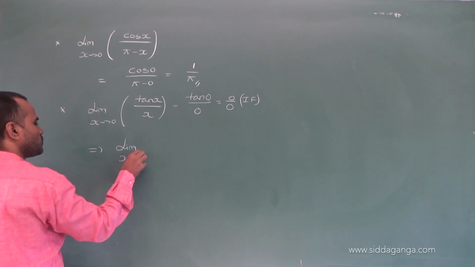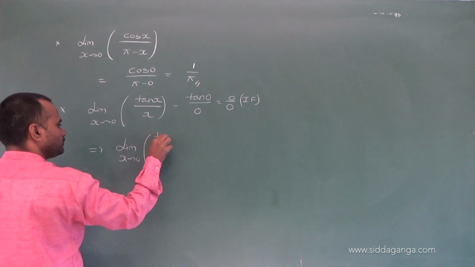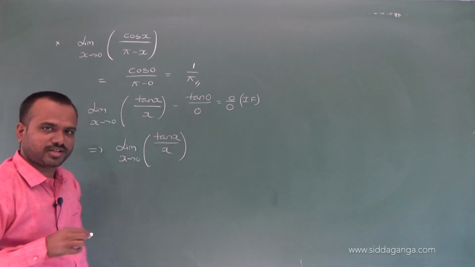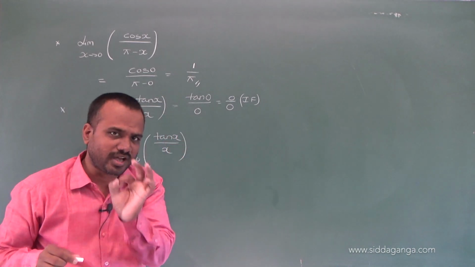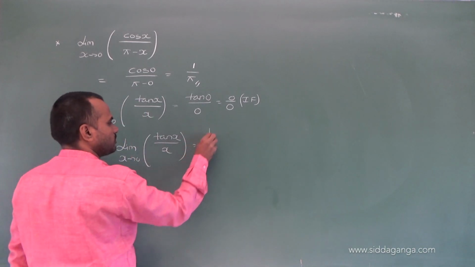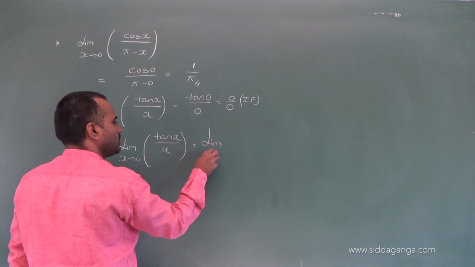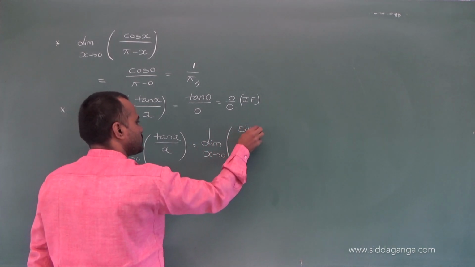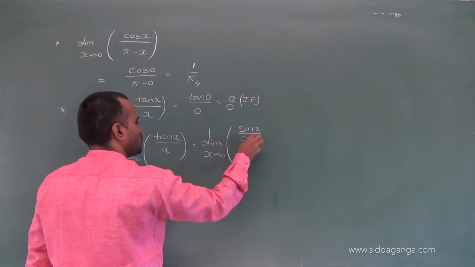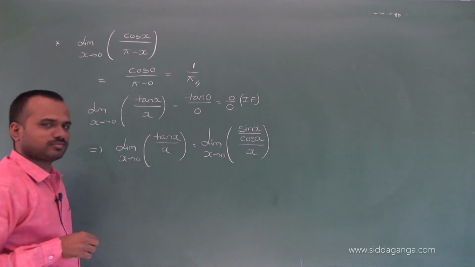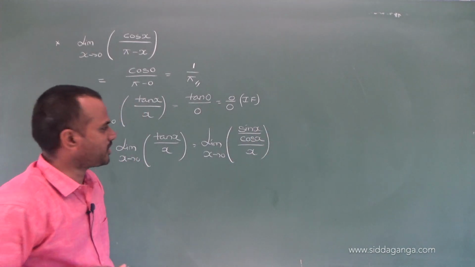X tends to 0, tan x divided by x. So tan theta we can write as sin theta by cos theta. Limit x tends to 0, sin x divided by cos x, whole divided by x.